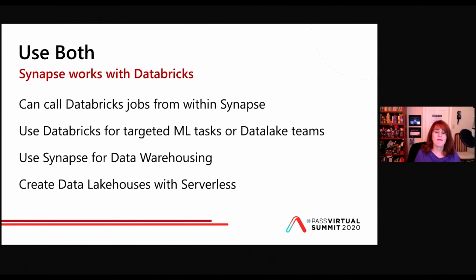So you may find that your data science is done in Databricks, and the completed model may be called from a pipeline within Synapse. You can use both. You don't have to use just one or the other. And frankly, at this point, Databricks has the edge for machine learning.